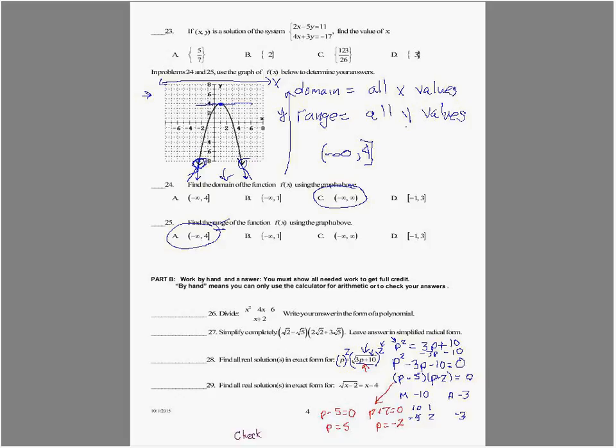We're going to see if 5 works. We're going to use our original equation, P equals the square root of 3P plus 10. In this case, P is 5. The square root of 3 times 5 plus 10.